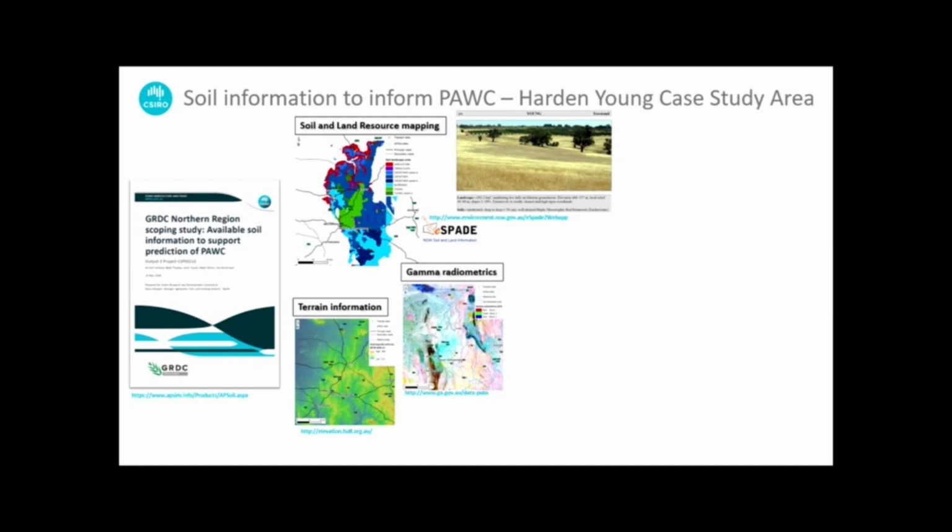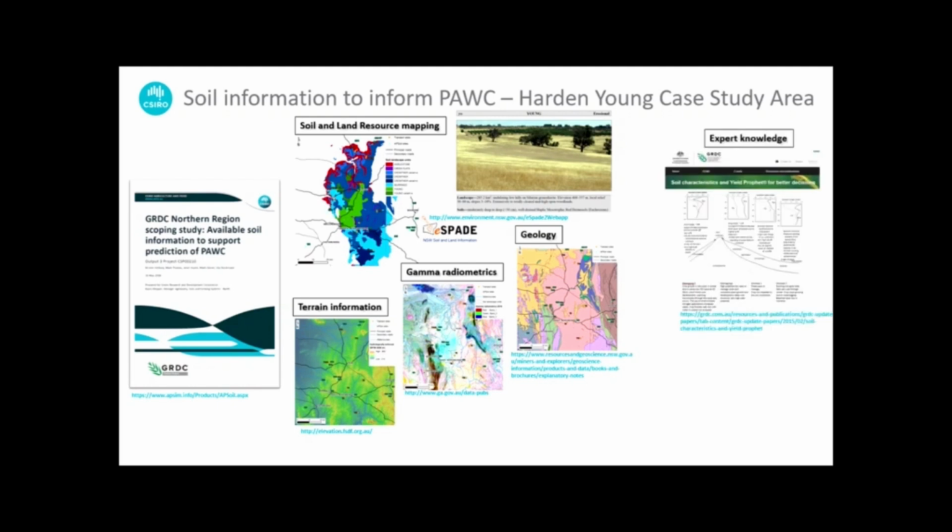We use the gamma radiometrics, which are a map available through Geoscience Australia. That tells us a lot about erosional processes and the distribution of that Parna material. We use geological maps from New South Wales Government. We use some expert knowledge that we developed in a previous project to come up with a conceptual model of plant available water capacity and how it's distributed in the landscape, and that's a good tool that we use.